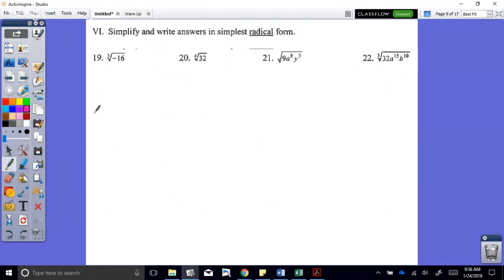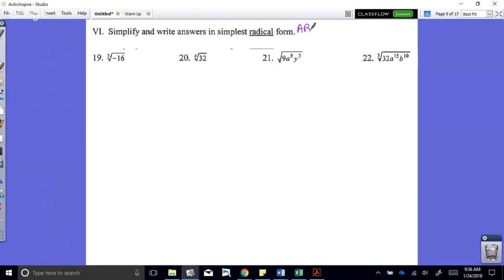And in this next section, we're just looking to simplify and write our answers in radical form. This time you do have to use absolute values, so I'll give you a reminder. You're going to put absolute value when the index is even and the power of the answer is odd.